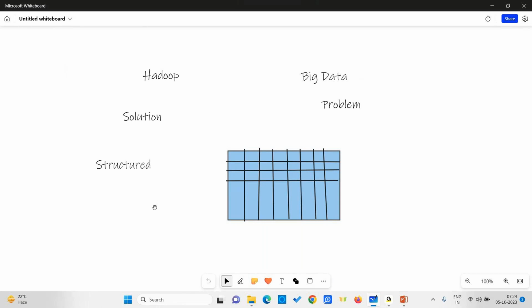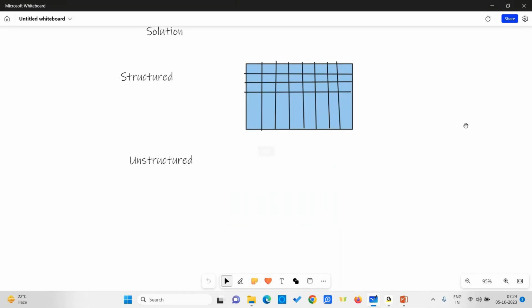Okay, but unstructured data is also available. So what is unstructured data? Means there is no structure. So that may be in the form of documents, images, video files or audio files. So that is called unstructured data.